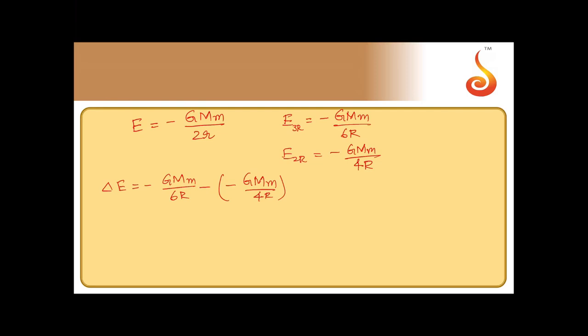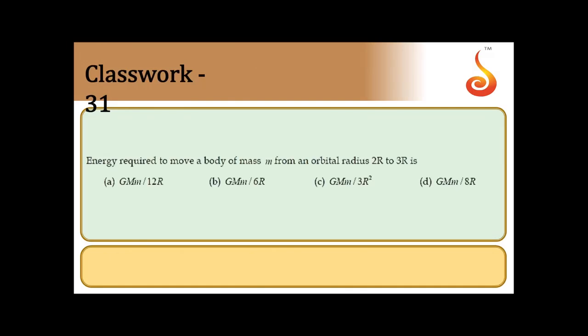So minus into minus becomes plus. So that turns out to be GMm by 12r. That is option A.